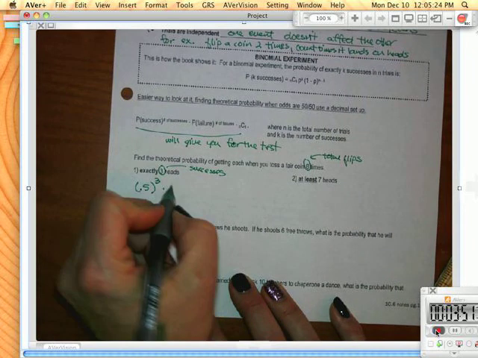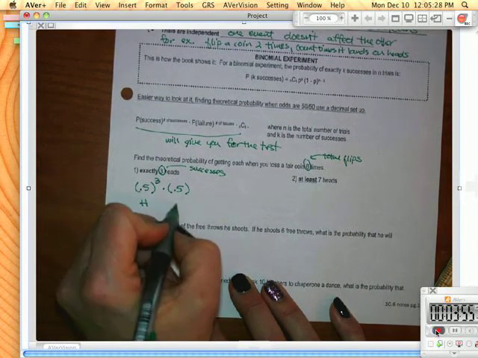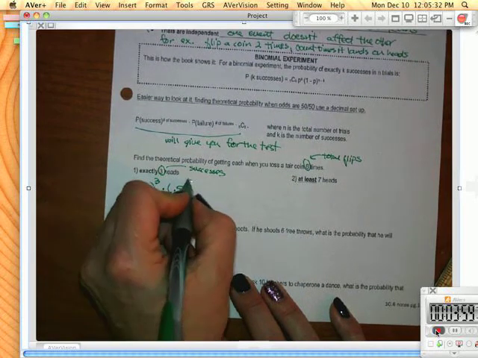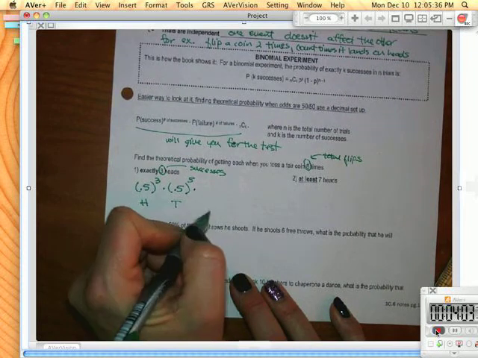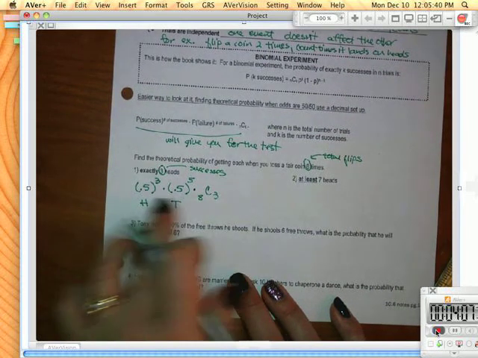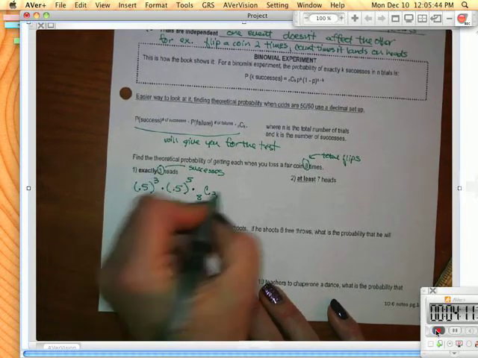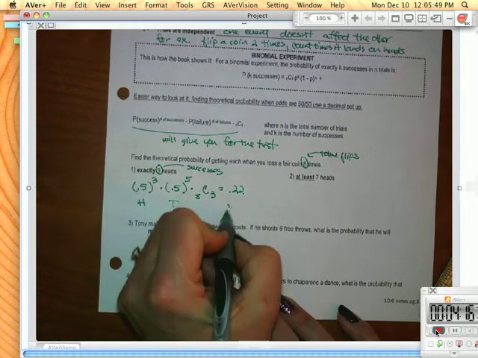And then the probability of getting tails, which is failures, is also 0.5. Out of 8 tosses, that means 5 of them are going to be failures and 3 are successes. And then I have to multiply it by 8 choose 3. If I do this math, it'll give me the theoretical probability that this is going to happen. And that ends up equaling 0.22, which is the same as 22%.